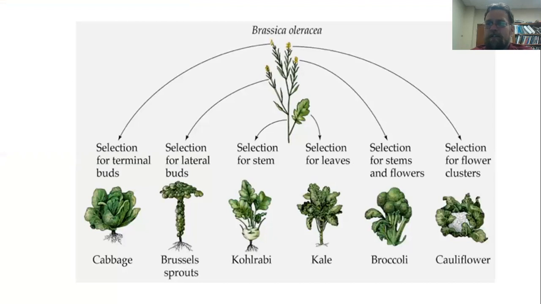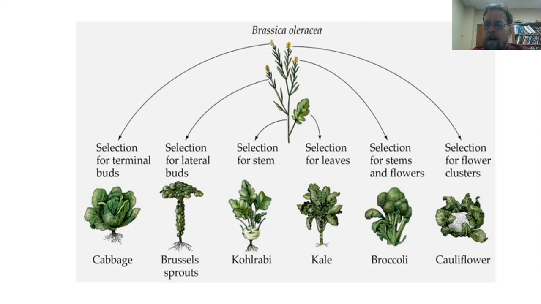Interesting member of the Brassicaceae is Brassica oleracea, or wild mustard. And what's really interesting about it is how it's been used and selectively bred over many, many years to produce so many different crops.